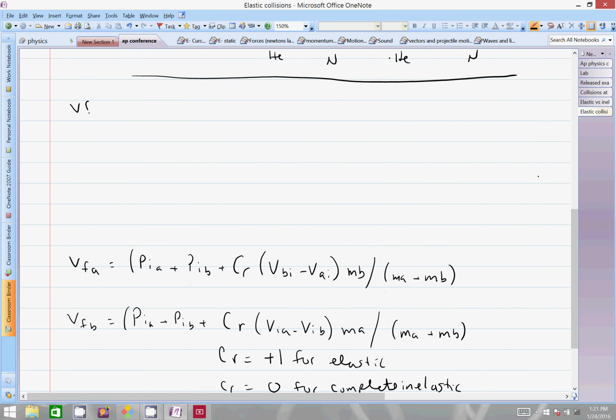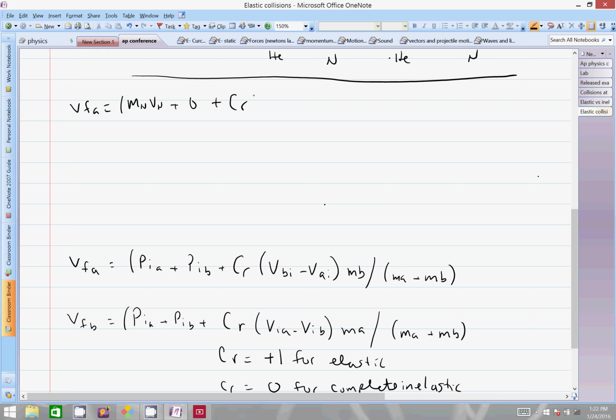So the final velocity of A equals the momentum of A, which is the mass of the neutron times the velocity initial of the neutron, and then the momentum of the B particle is 0. It is completely elastic, so I'm going to plug in these values.